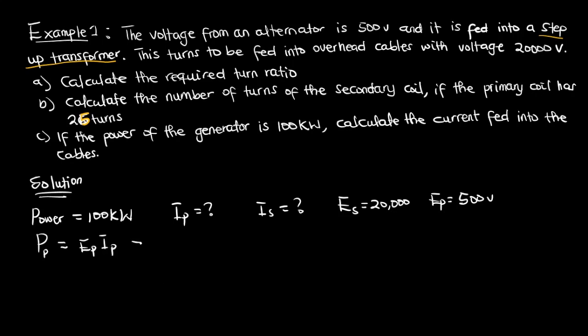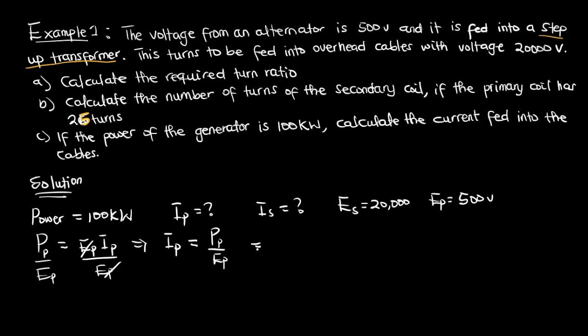So to find the current fed into the primary core, IP is equal to the power divided by the EMF. We divide both sides by EP, so this will cancel this. Our IP becomes PP over EP.